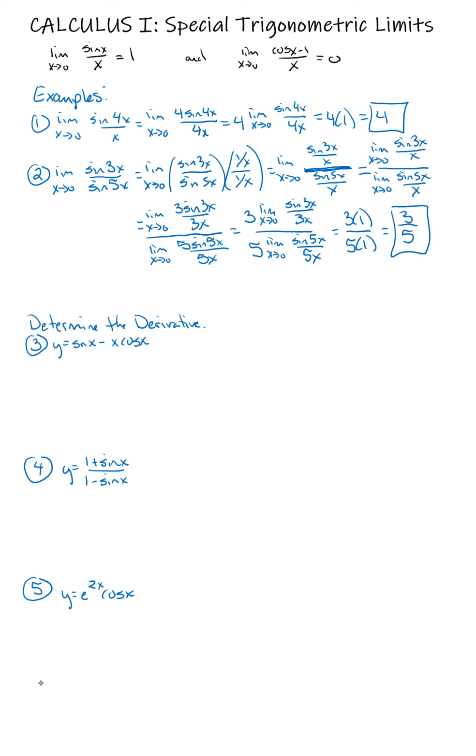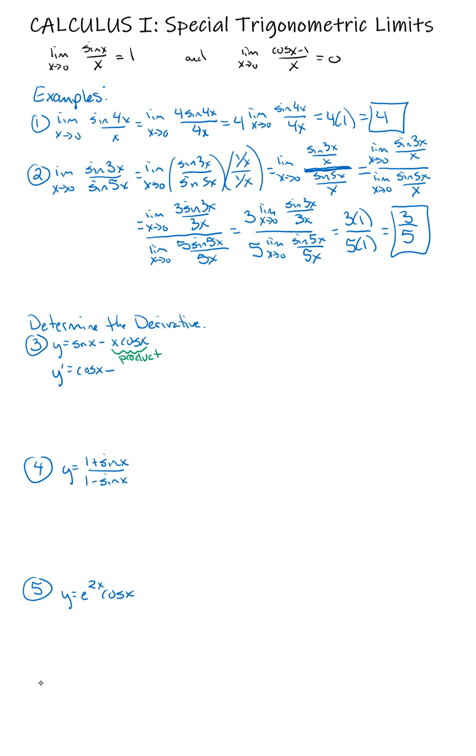Let's change the gears just a bit. Let us try to find the derivative of y is equal to the sine of x minus x times the cosine of x. Okay, so y prime, what do we get? Well, the derivative of sine of x is cosine of x minus, now here you'll notice this guy, that is a product, x times cosine of x, which means we need to use the product rule.